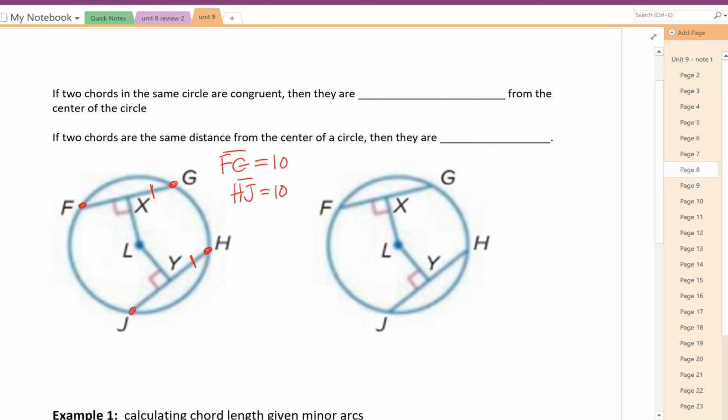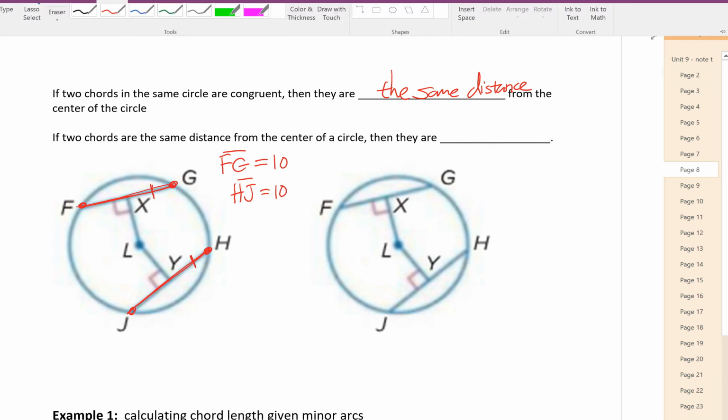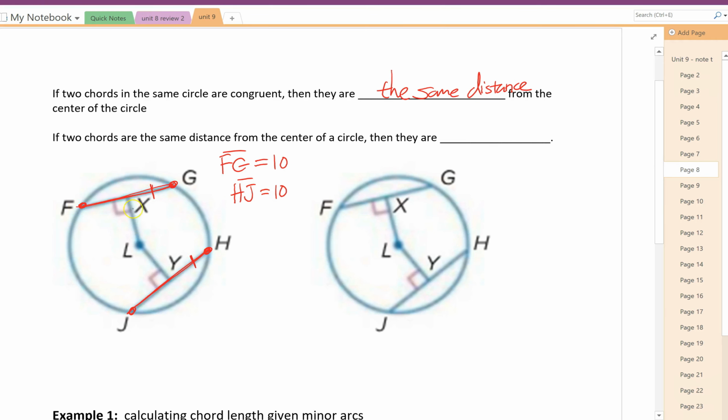If those two chords are congruent, they are the same distance from the center of the circle. Right, so what this is showing here is that I have chord JH, which I said was 10, chord FG, which is 10. What these other lines are showing is that if those two chords are the same length, they have to be the same distance.